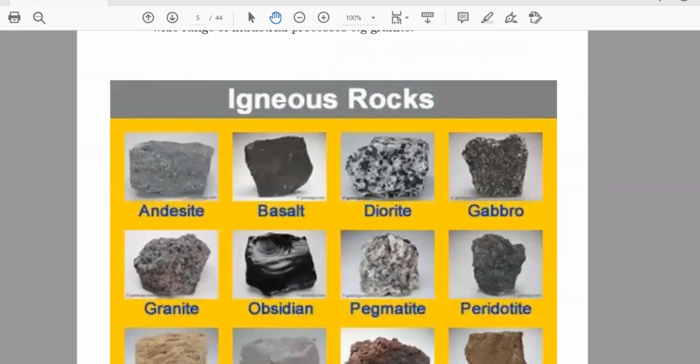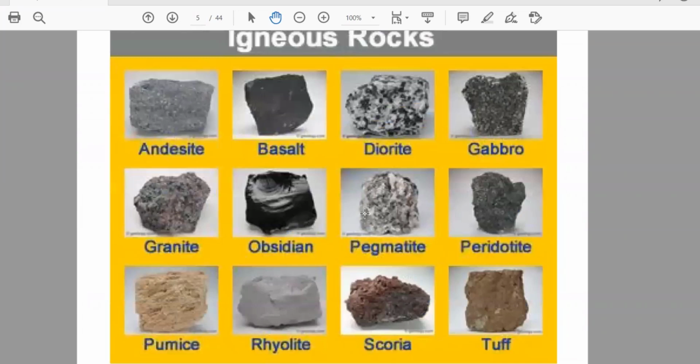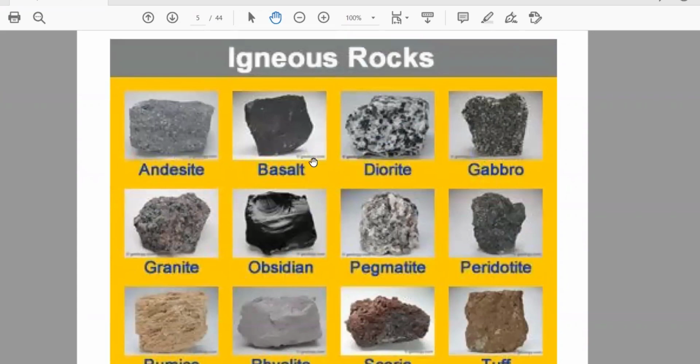Here, the different types of igneous rocks are given. You should keep in mind that sometimes they will ask you to write three examples of igneous rocks, so you can write any one of them.